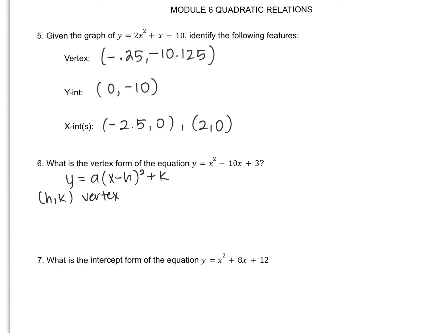This is going to open up, so I'm looking for the lowest point. My vertex is going to be at 5, -22.